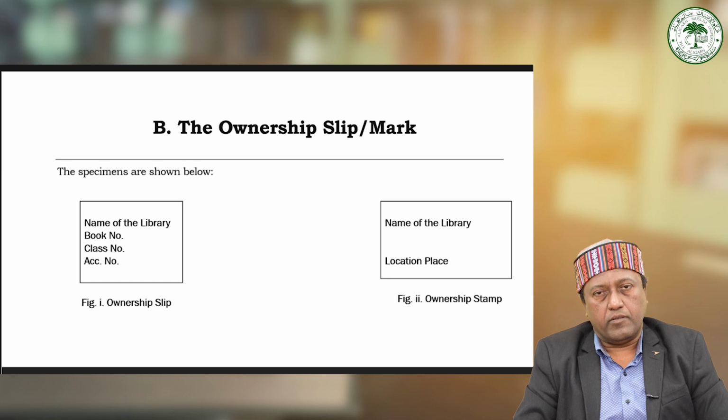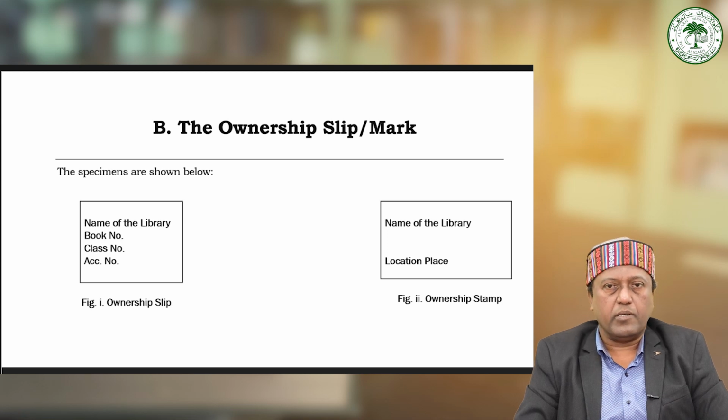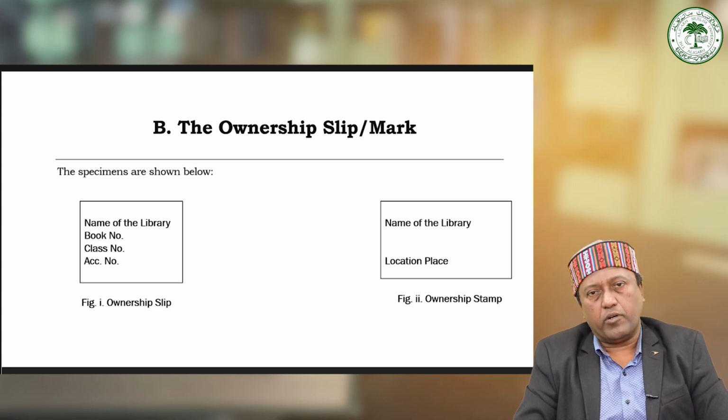Normally the ownership mark should come at the back of the title page, and also on a secret page, which is to be decided by the library. It depends on the library which secret page they decide. It can be any page number, and on that particular page the ownership seal will be placed.